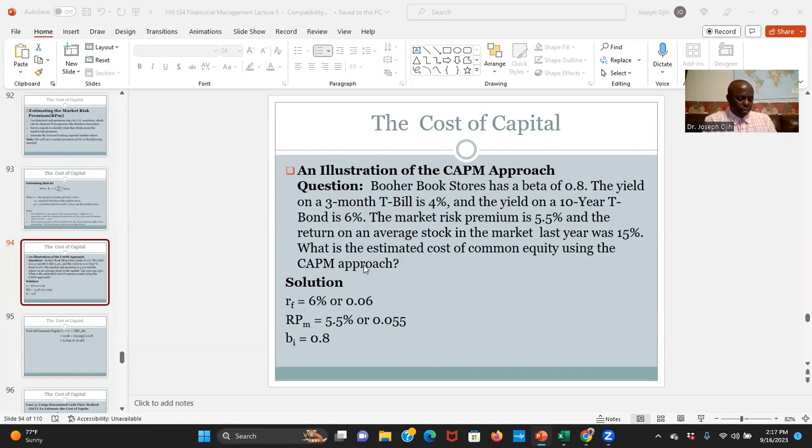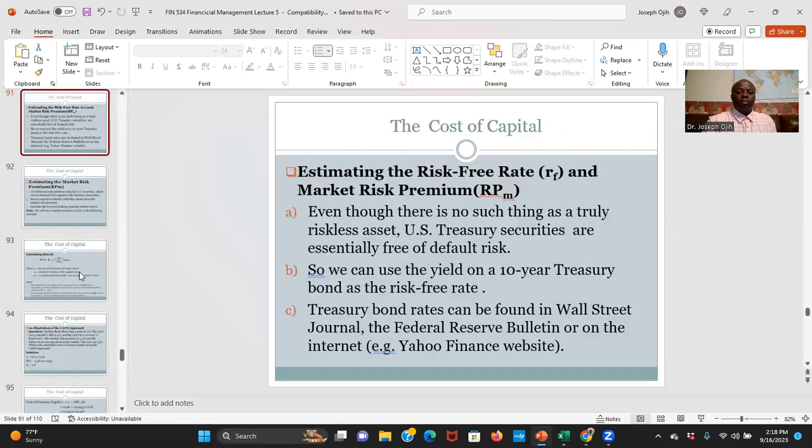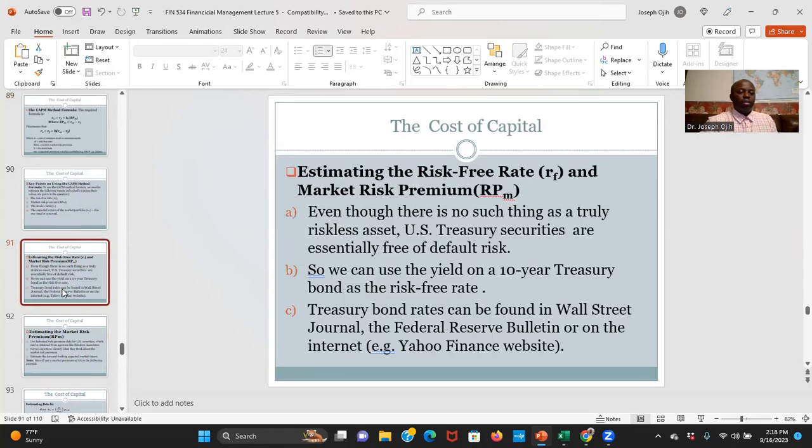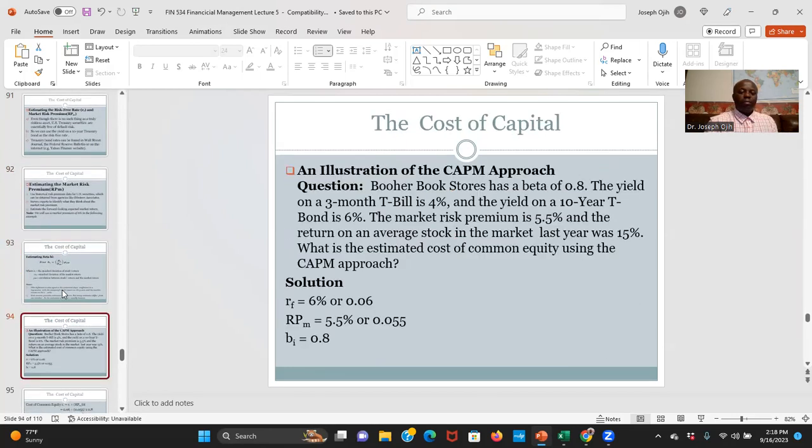RPM, the market risk premium, is 5.5%, and beta is 0.8. Because these are what we are given, we're going to use this formula right here. If the question gives you input for this, then use that one.